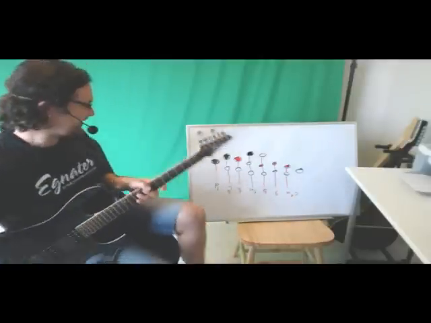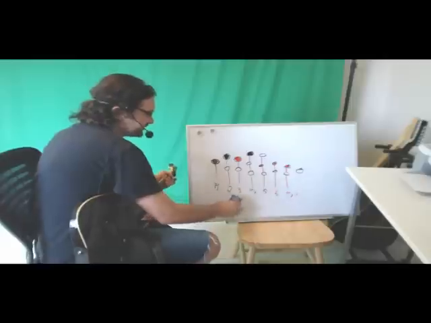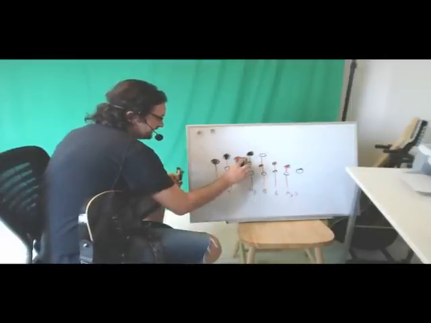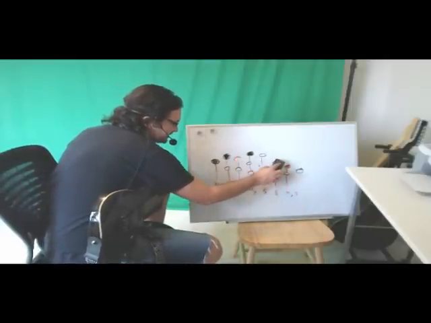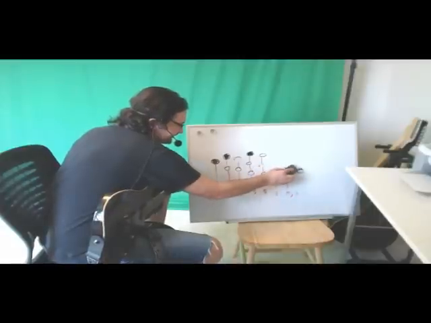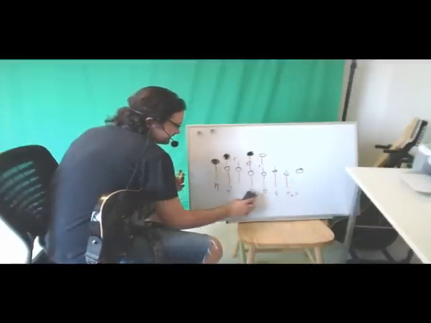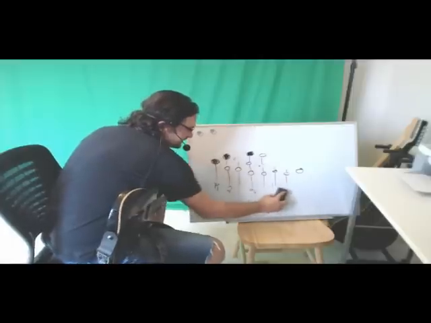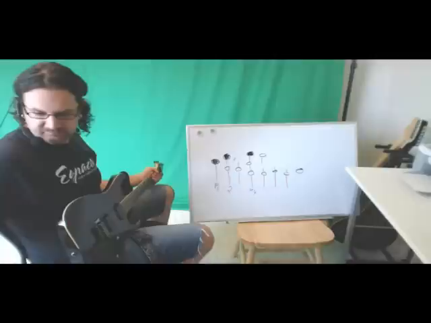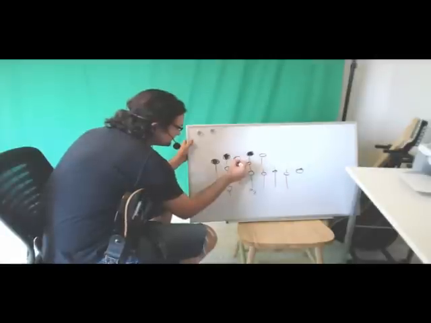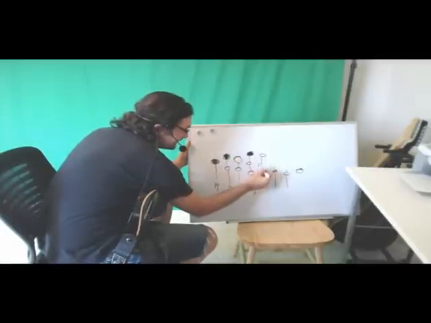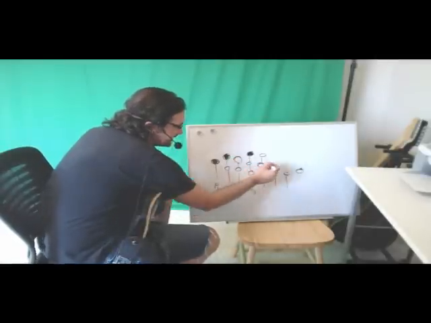But let's try something else now. So we know that the black notes are locked. We're going to change our red notes to other possible notes. Let's try a minor third this time. And we can, right? There's no rules that tells us that we're not allowed to do that.